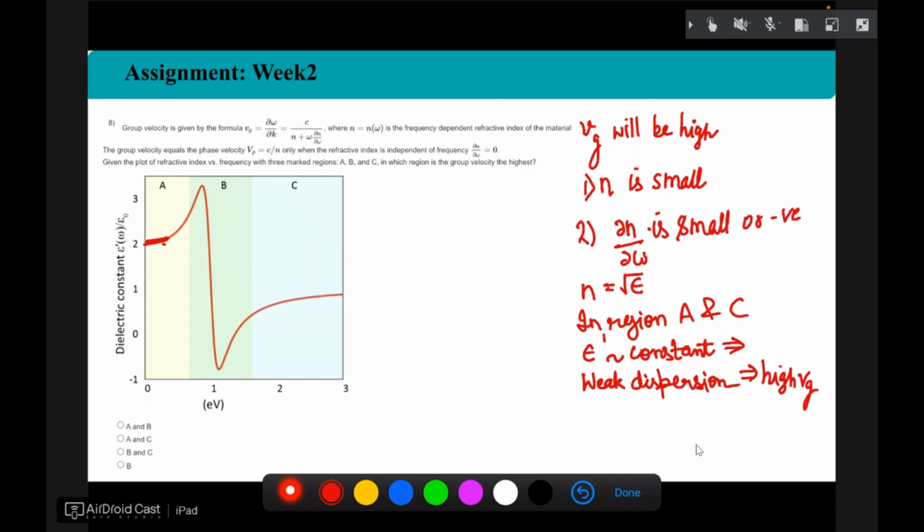In region B, we can see that there is sharp variation in epsilon, which will create strong dispersion.